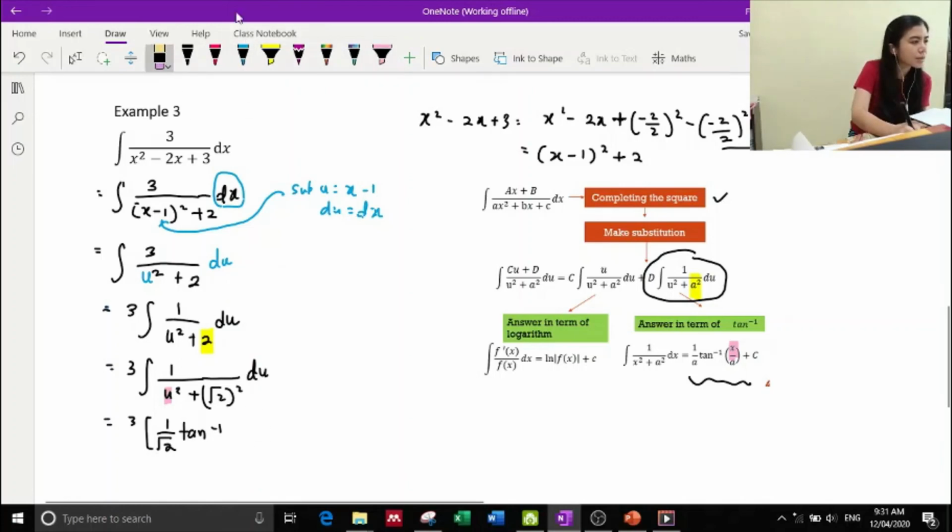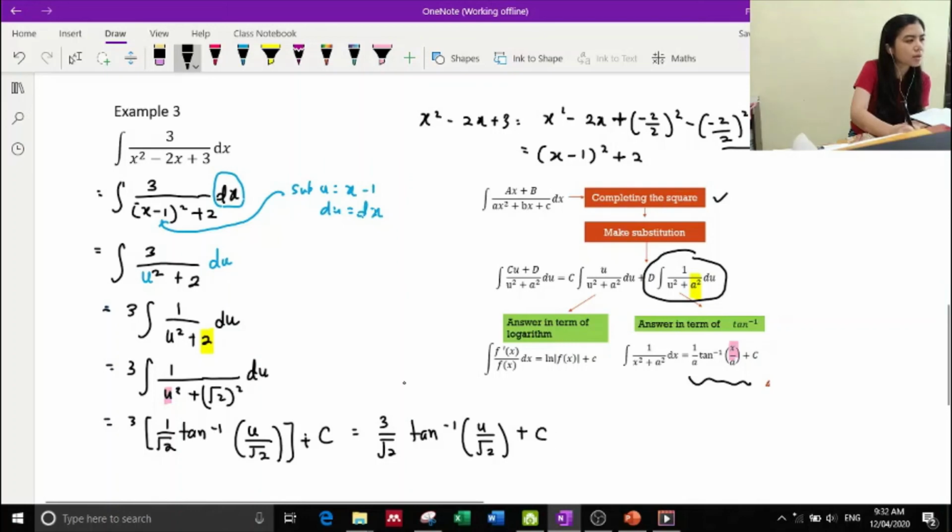Your answer will be in terms of u. We will have u over root 2, and then plus C. And this is actually 3 over root 2 tangent inverse u over root 2.